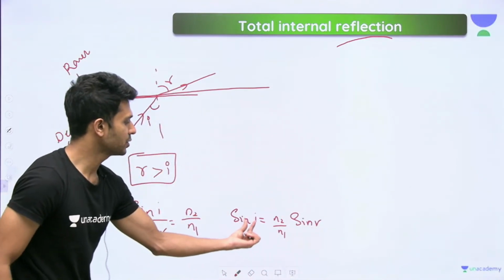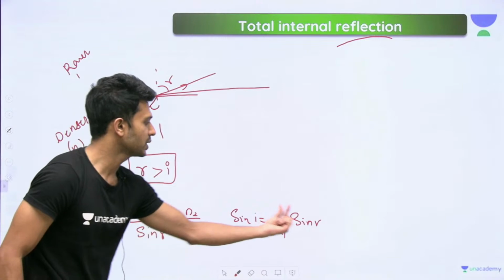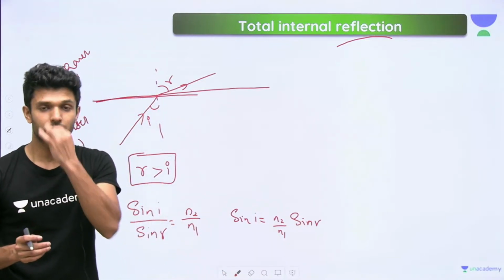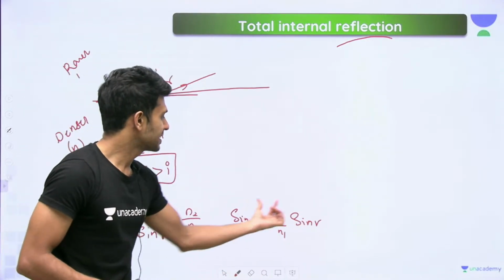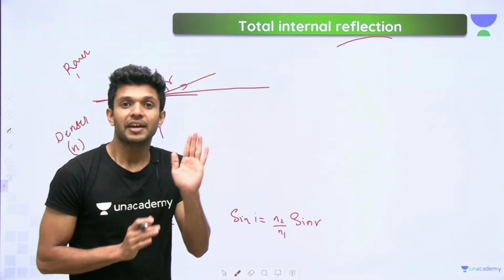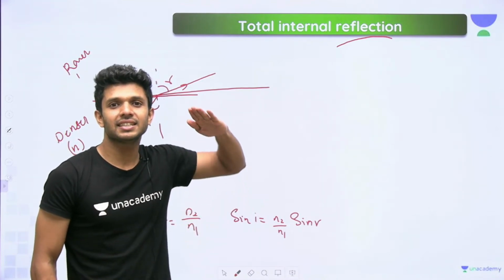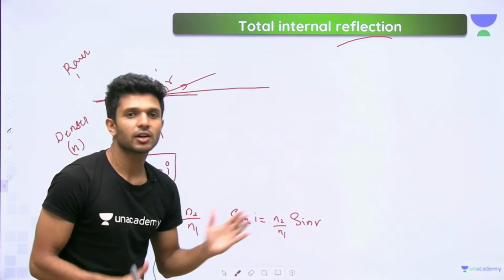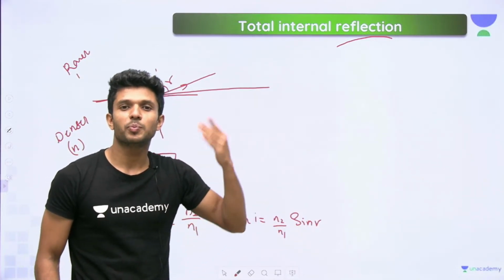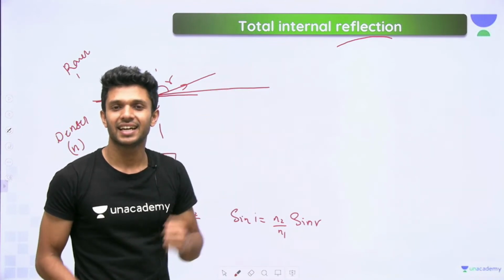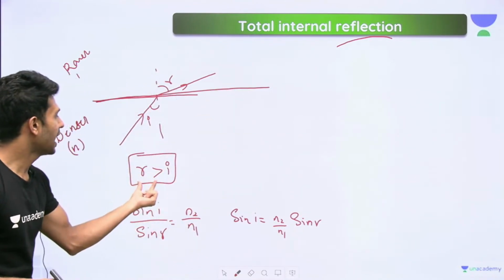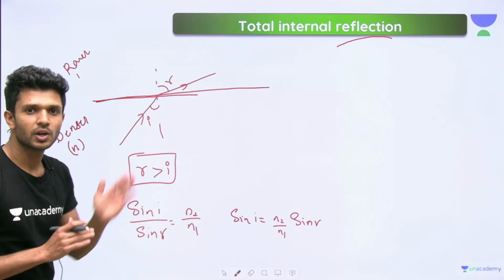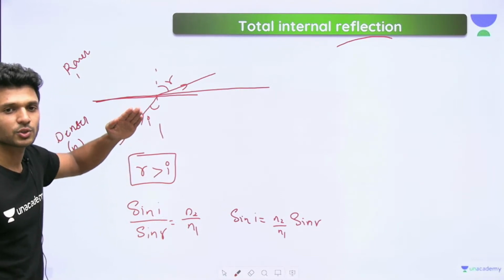What relationship can you see between angle of incidence and angle of refraction? Yes, it is directly proportional. If you keep on increasing the angle of incidence, the angle of refraction will also keep on increasing, and obviously r is greater than i. So as I increase i, r is also increasing.